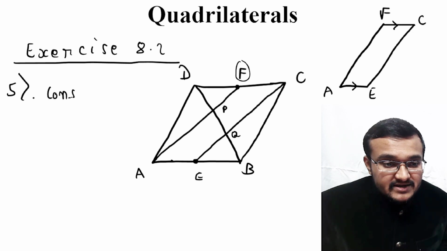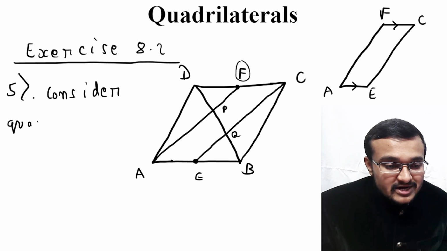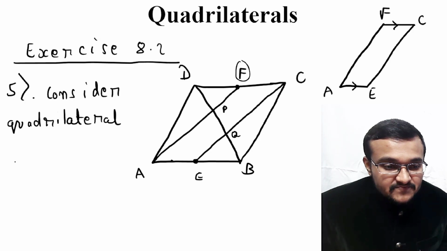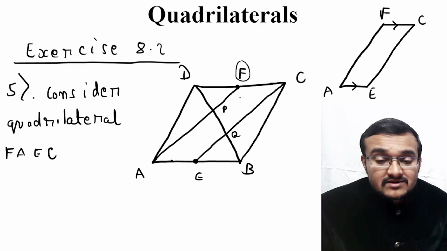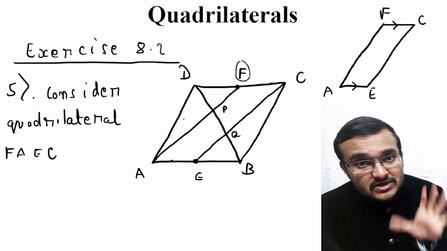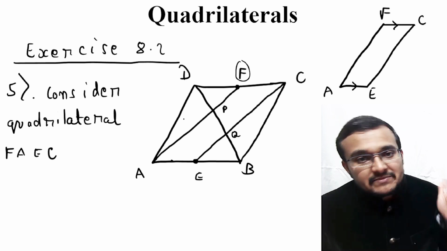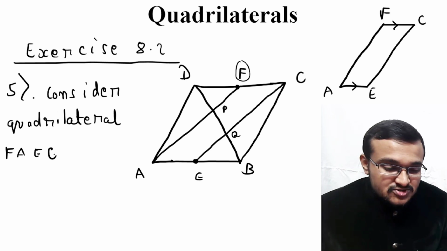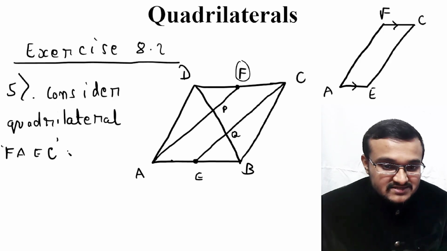So now we'll write: consider quadrilateral FAEC. Here we know that opposite sides of a parallelogram are equal to each other. So if we consider parallelogram ABCD, AB is equal to DC. We'll keep this aside.